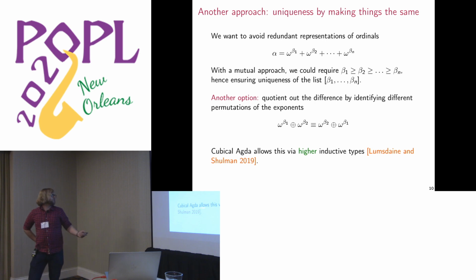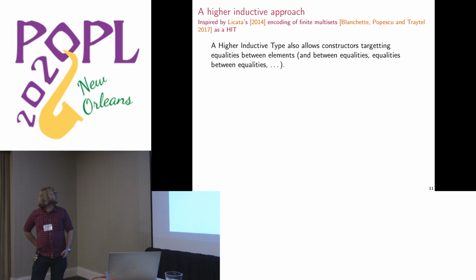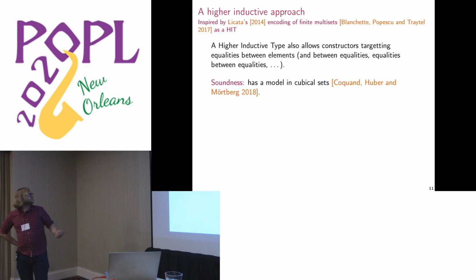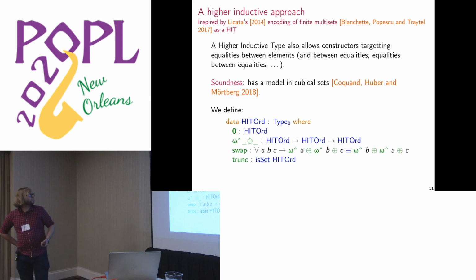But the point is that cubical Agda, with the higher inductive types that we got such a nice introduction to 15 minutes ago, allows us to have these path constructors as well. Right? Higher inductive types. Okay, I think we can maybe skip what a higher inductive type is, because now we all know it. It's sound because of the cubical sets model. And here is the definition. So we have the same thing as before. We have a base case.